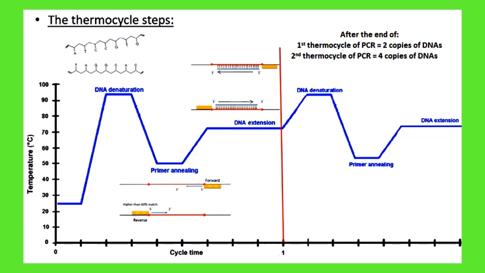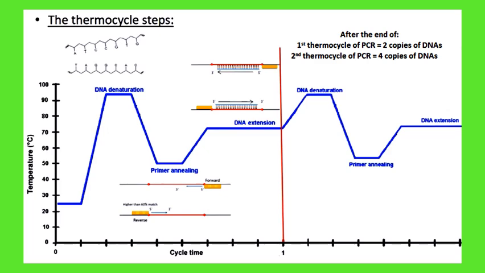So that step of elongation or extension separates the two DNA strands and forms two copies of the target gene or sequence.